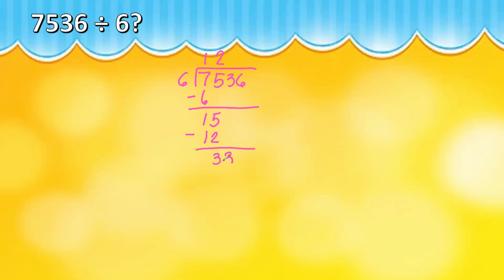Bring down 3. 33 divided by 6, that will be 5. 5 times 6 is 30. 33 minus 30 is 3. Bring down 6. 36 divided by 6, that will be 6. 6 times 6 is 36. 36 minus 36 is 0. So our final answer is 1,256.